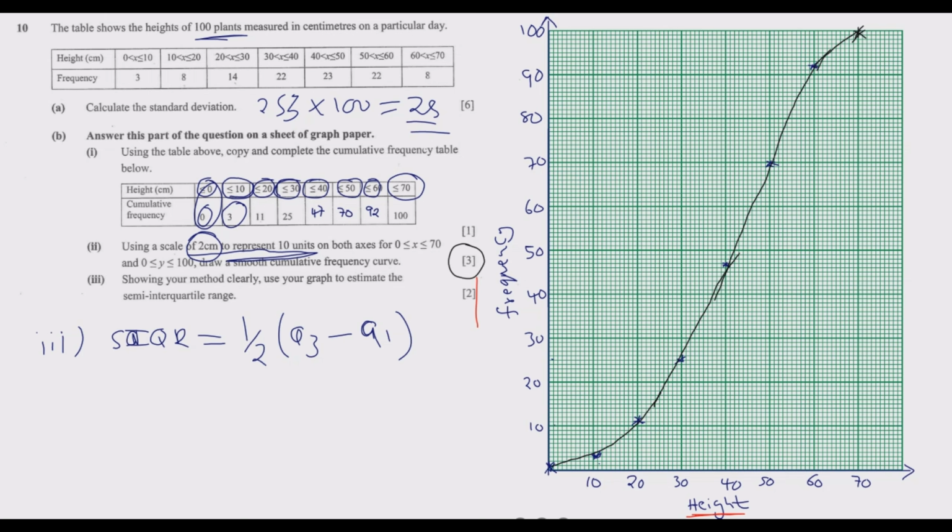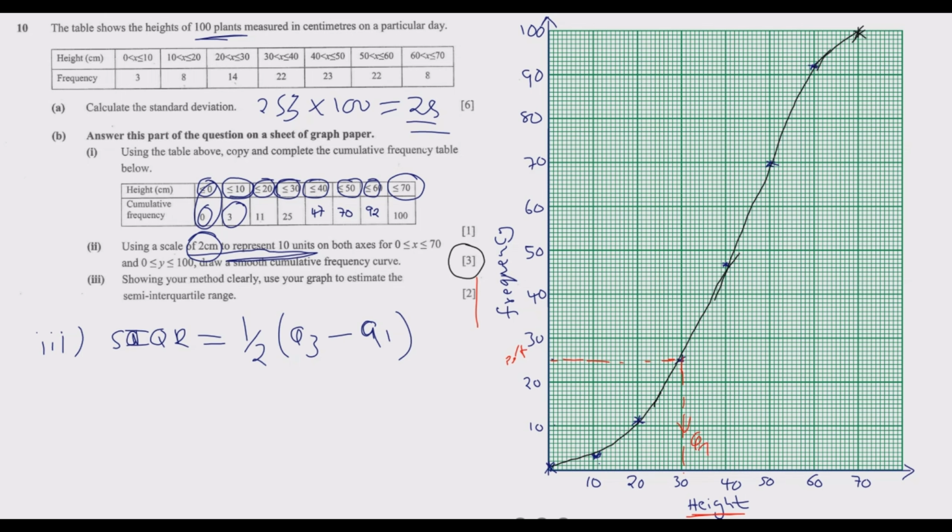From here you join these points, then come down here and read the value. This value will be Q1, the first quartile, the 25th percentile.